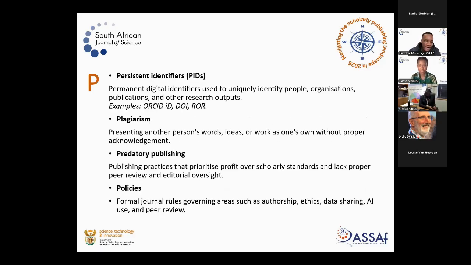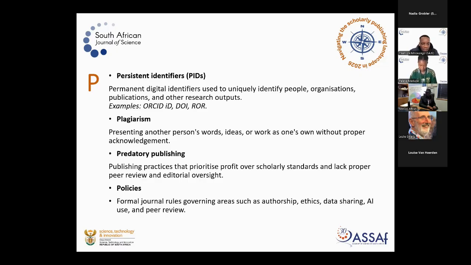Persistent identifiers, PIDs, are permanent digital identifiers used to uniquely identify people, organizations, publications, and other research outputs. For example, ORCID iDs, DOI, and ROR. Plagiarism is presenting another person's words, ideas, or work as one's own without proper acknowledgement.